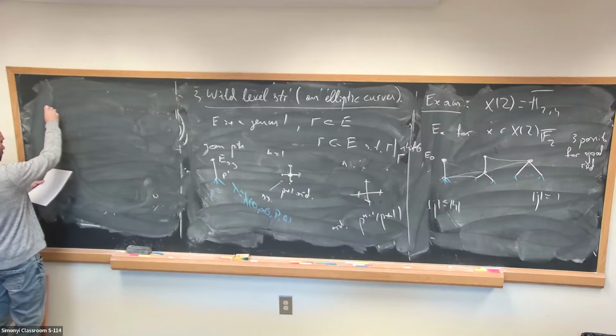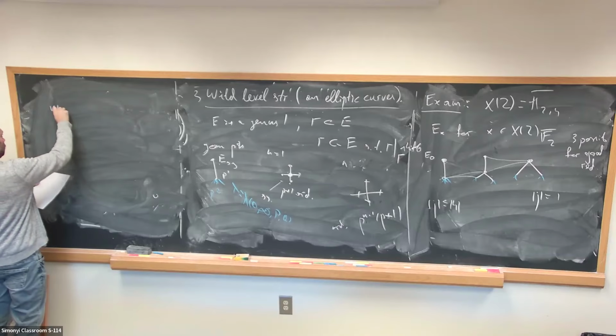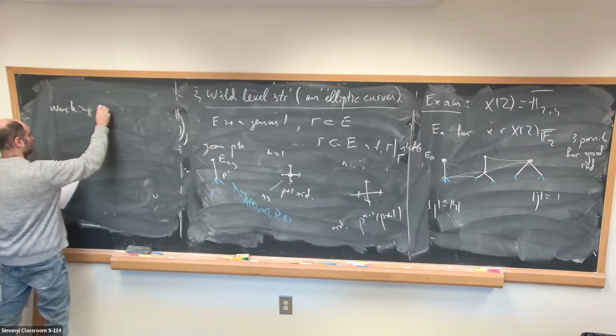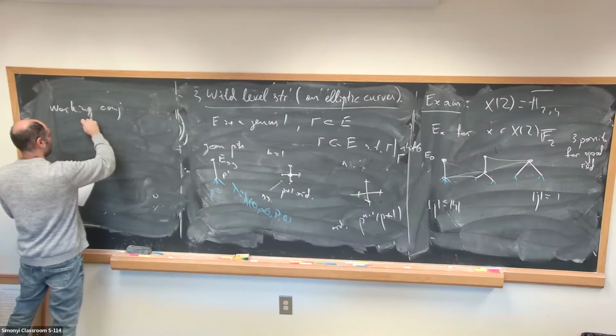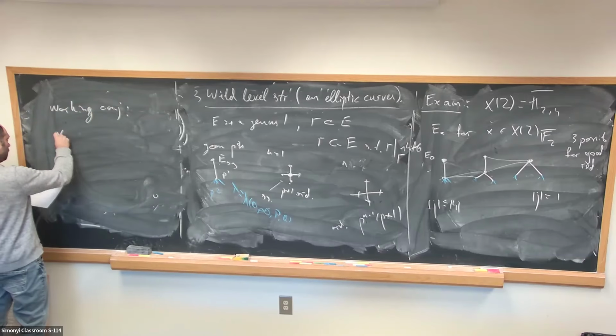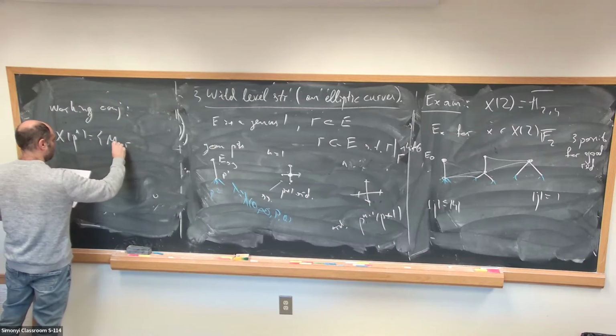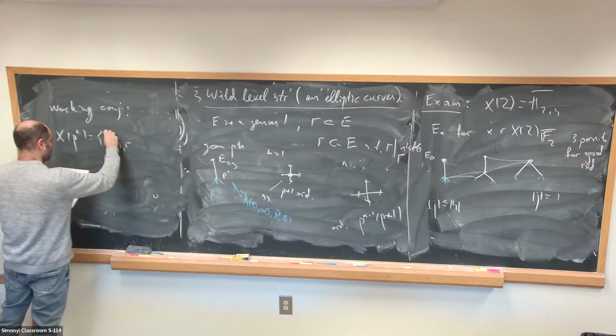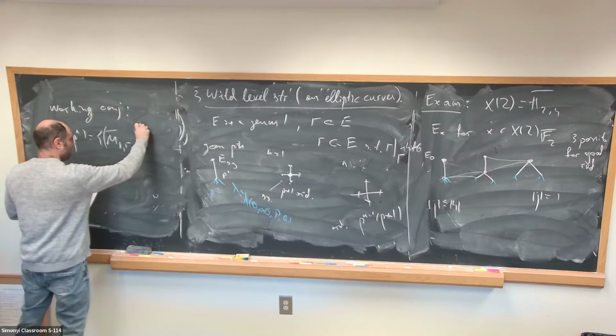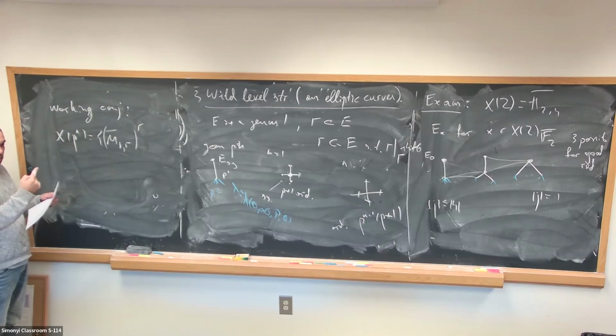I think that, let's say, a working conception: X_p of n is n-1 gamma with action of gamma.